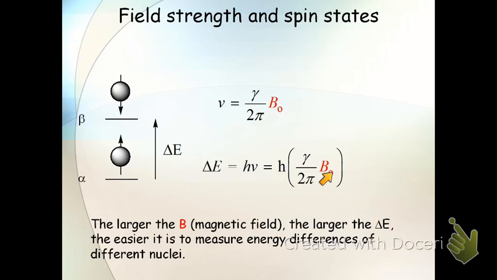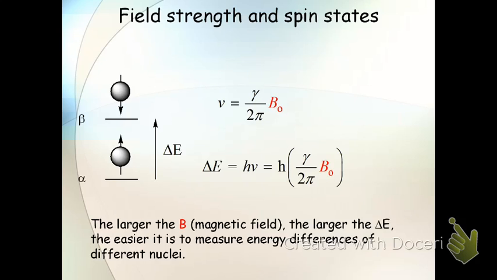Okay? So if B is large, this separation is large. Now, why might you want to do that? Well, if you have a lot of different atoms, the bigger you can make that gap, the easier it will be to resolve different types of electronic environments from each other, just because the energy separation is larger.